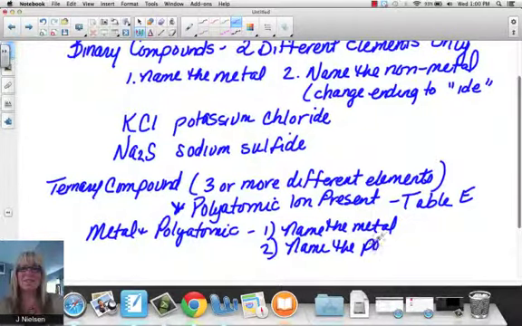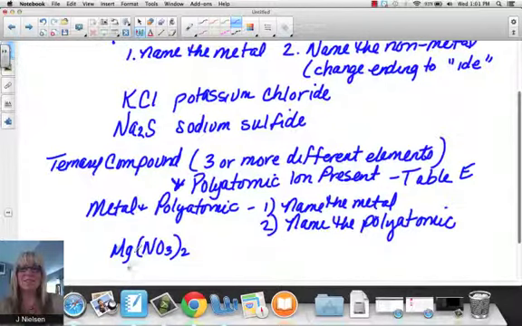There's no changes made to either part of the name, as there is with a binary compound. So for example, I could have Mg(NO3)2. So here's my metal, I'm going to name it. It's magnesium. And then I'm going to go to Table E and look up NO3, and I see that it's nitrate. So this is magnesium nitrate.